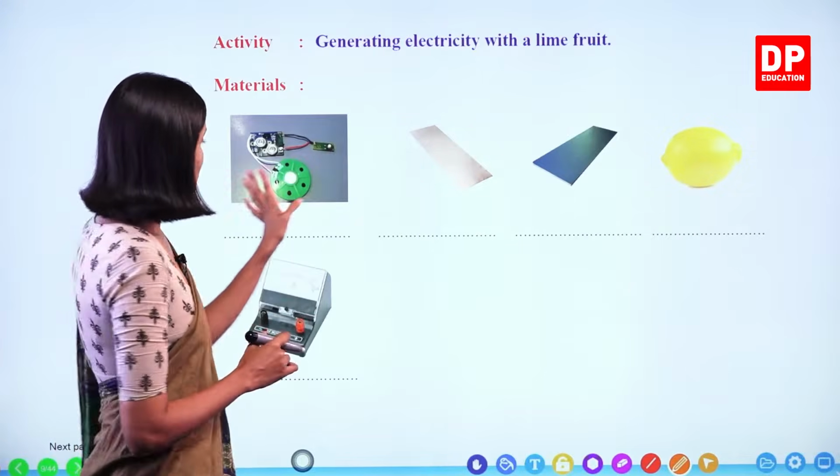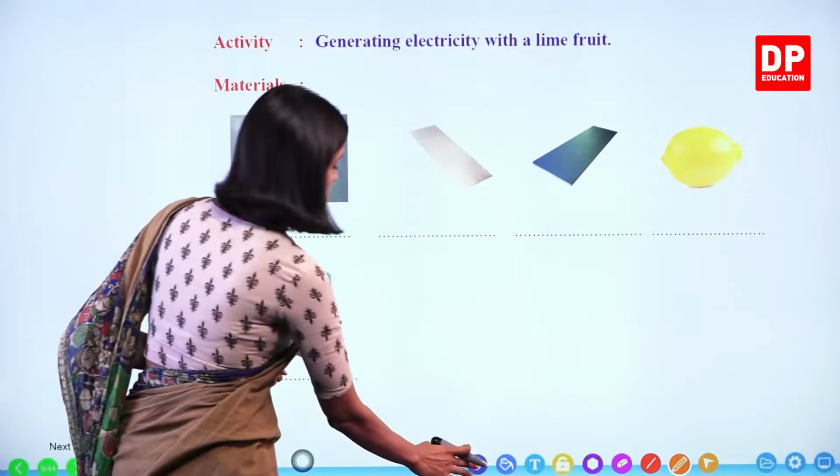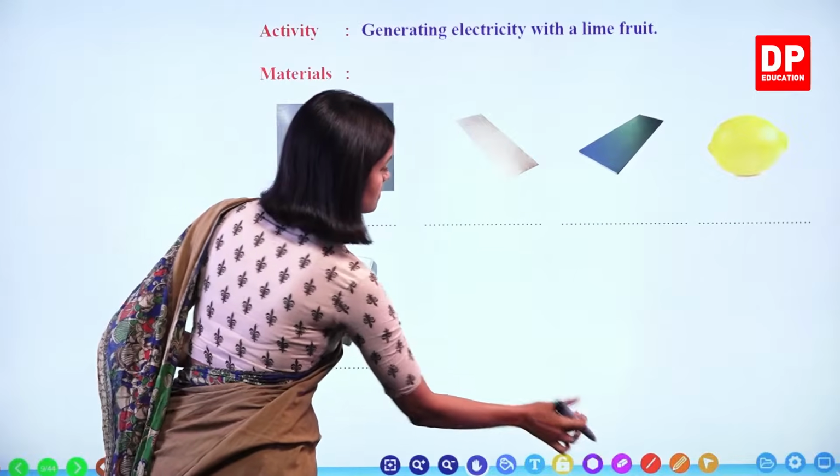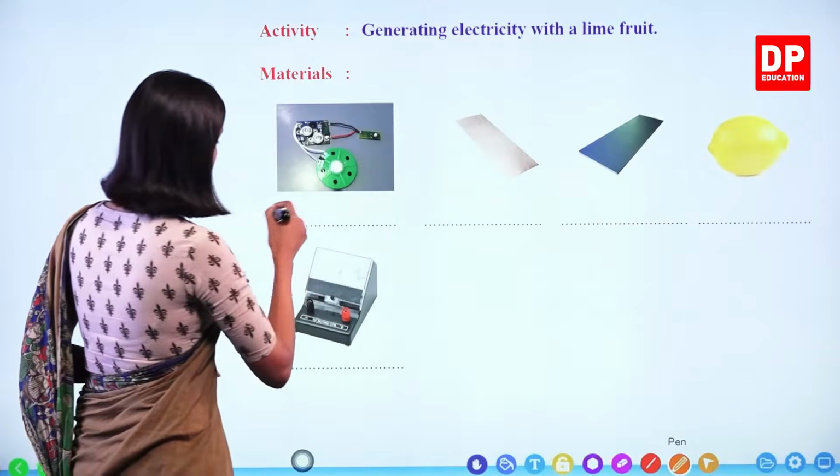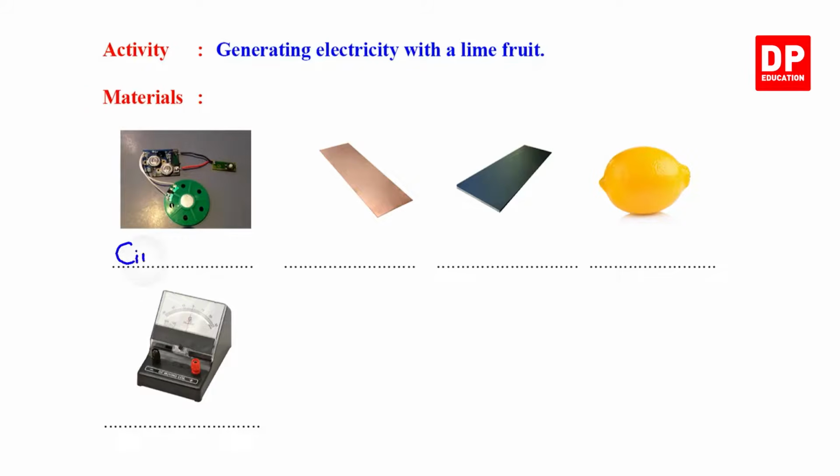So we'll write the names. The first one, circuit of a musical card. Copper sheet. Zinc sheet.